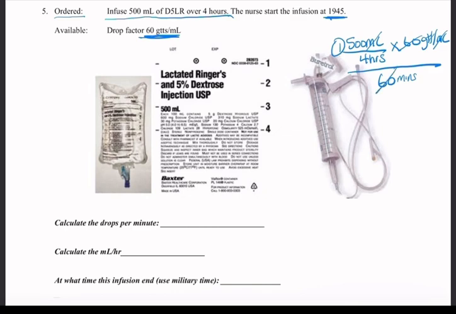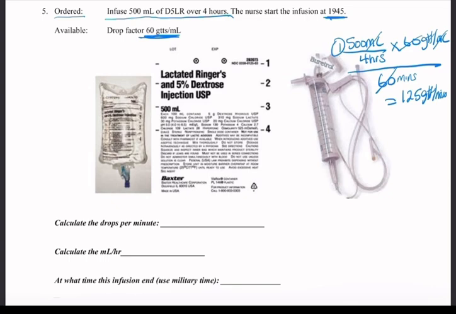And I'm left with 500 over 4 hours. When I divide it, I get 125 GTT per minute. I put my answer there. So I first got 125 drops per minute.